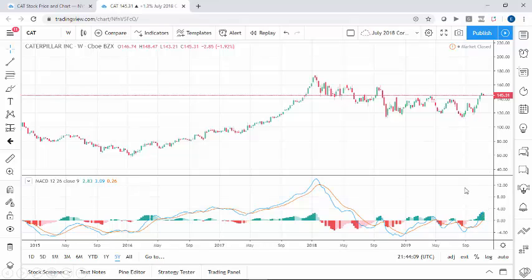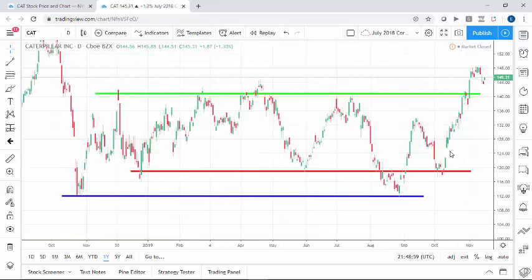So the 5-year MACD actually supports the idea of a bullish price momentum. And I wanted to take a look as well at some of the areas that have been resistance and support, because that can be very key in what's going to happen in the stock in the future.